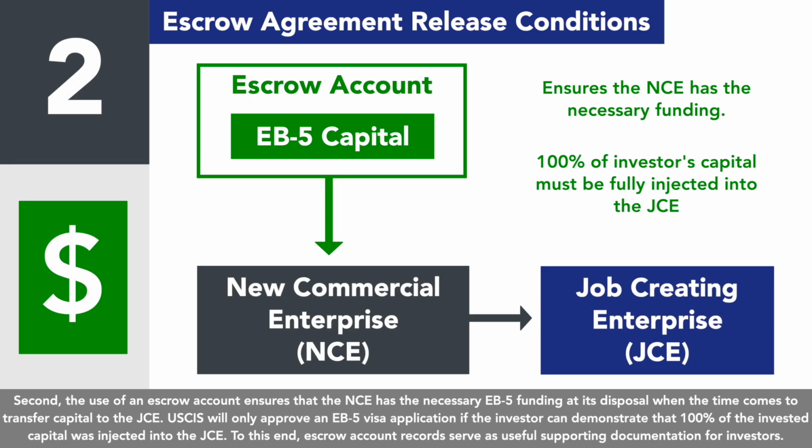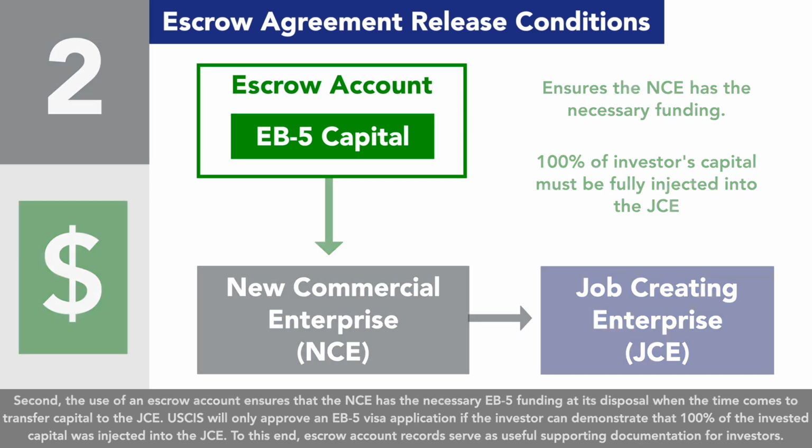Second, the use of an escrow account ensures that the NCE has the necessary EB-5 funding at its disposal when the time comes to transfer capital to the JCE. USCIS will only approve an EB-5 visa application if the investor can demonstrate that 100% of the invested capital was injected into the JCE. To this end, escrow account records serve as useful supporting documentation for investors.